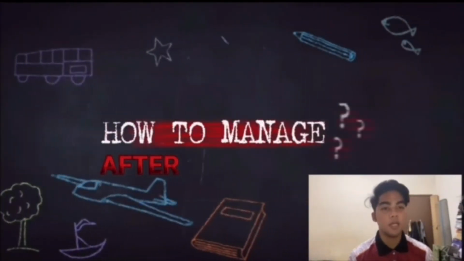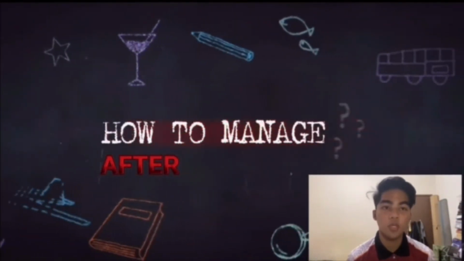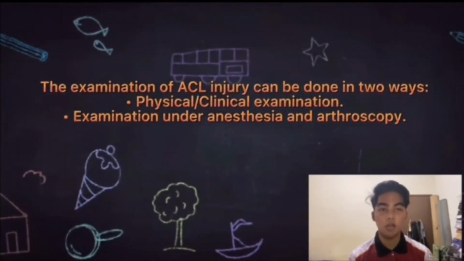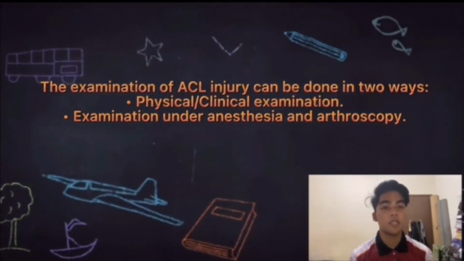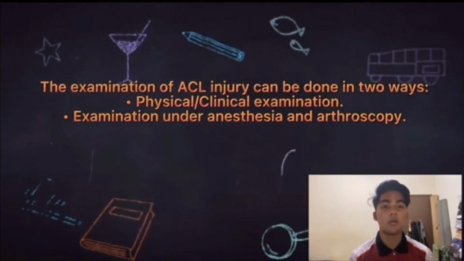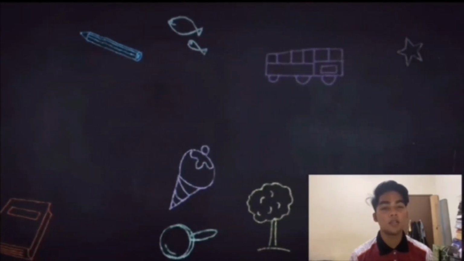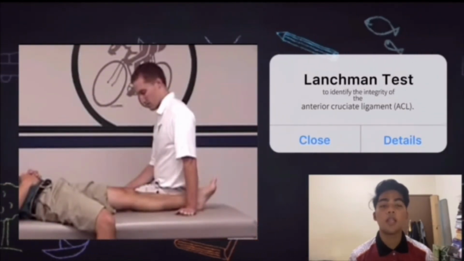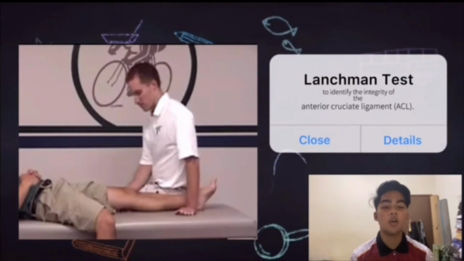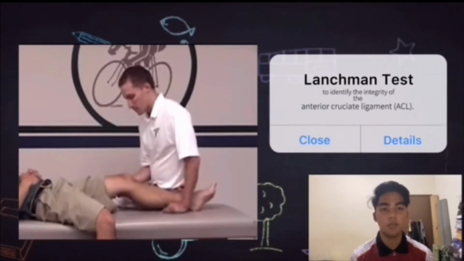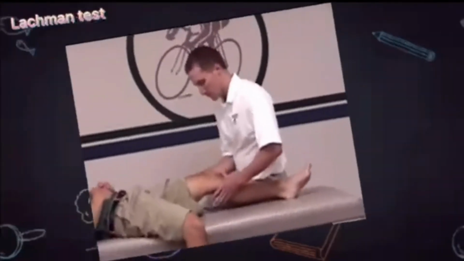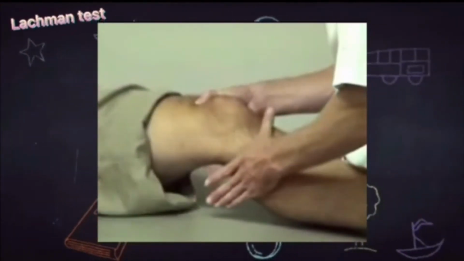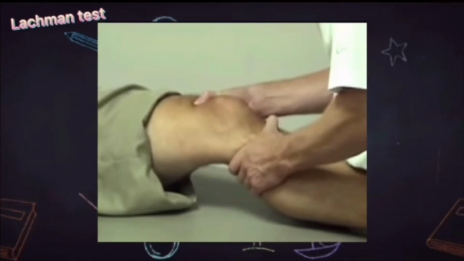Okay, for further treatment, the patient has to have an examination of the ACL. It can be done in two ways: physical or clinical examination, and examination under anesthesia or arthroscopy. The doctor will do a special test, an attachment test, to identify the integrity of the anterior cruciate ligament, ACL. The examiner grasps the distal femur with the outside hand and the proximal tibia with the inside hand, with the thumb on the tibial tuberosity.